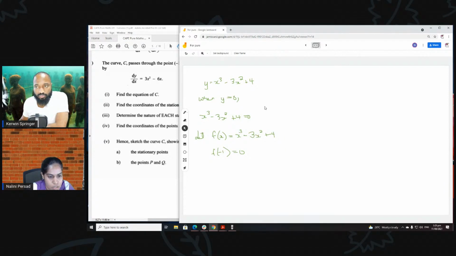So when x is equal to -1, it's x plus 1. So a factor of the function f is x plus 1. So x plus 1 is a factor of the equation.